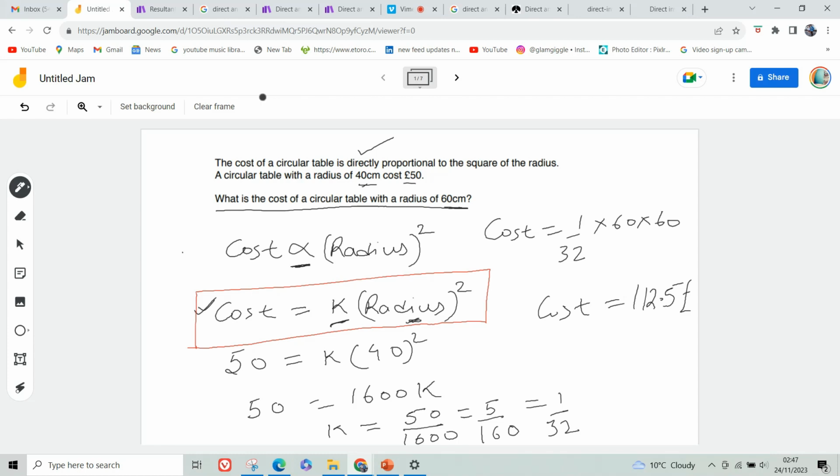For a fraction multiplication, numerator will times with numerator and denominator will times with denominator. 60 basically is nothing but 60 over 1. So 1 times 60 times 60 over 32 times 1 times 1. If it's a non-calculator paper, then you have to do it like this. So 1 times 60 times 60 is 3600 divided by 32, which will yield you this. That will be your answer.